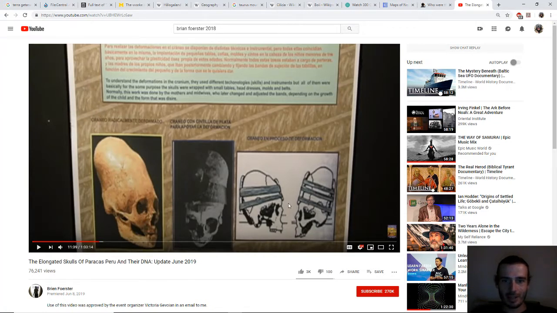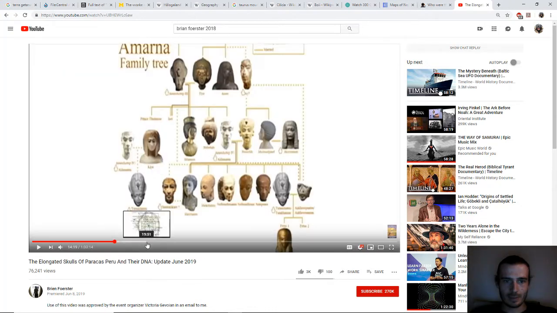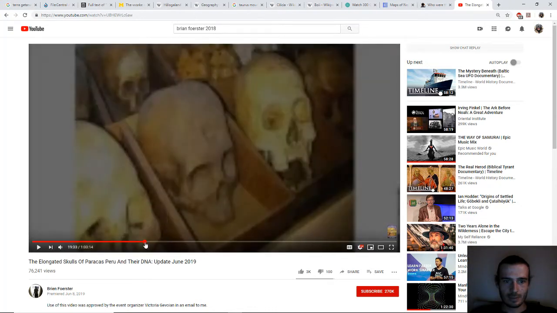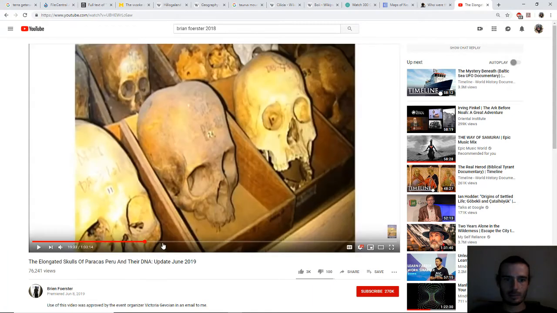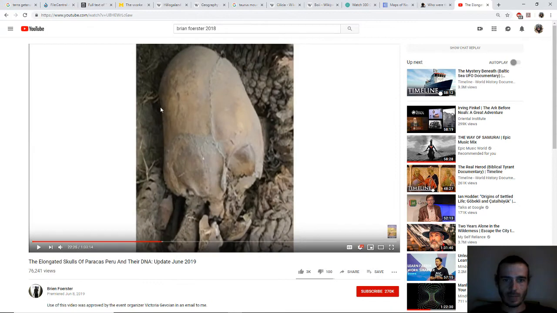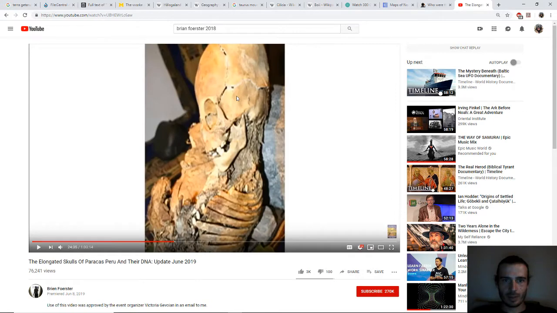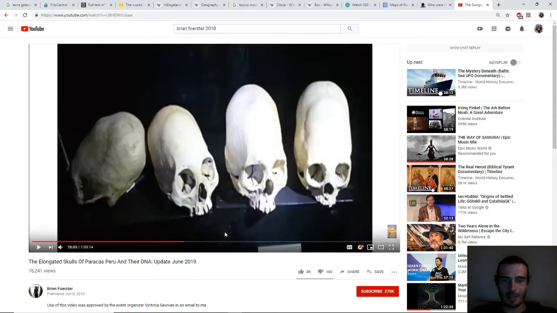This is unnatural. You cannot get this by head binding. Natural. Natural. So that's what dolichocephaly means, okay? Elongated skulls.